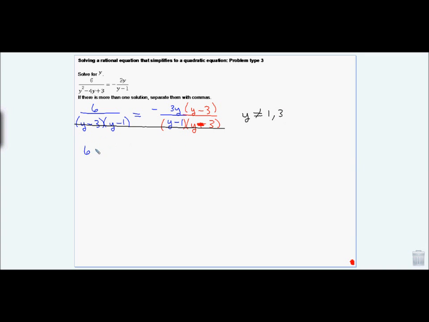So 6 is equal to negative 3y times (y minus 3). 6 is equal to negative 3y squared plus 9y, or I have 3y squared minus 9y plus 6 is equal to 0. I can factor 3 out.